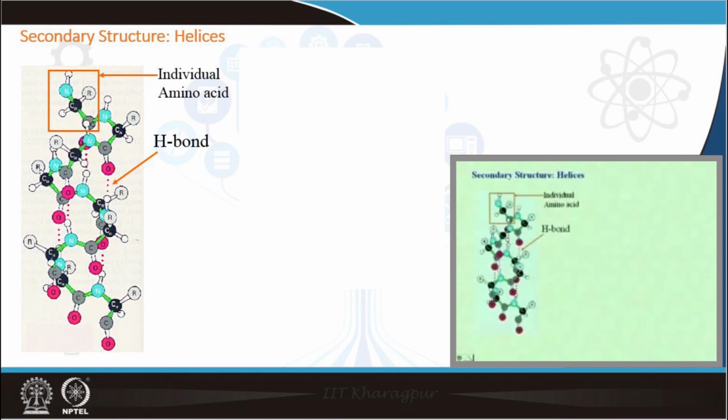What is that connectivity? We see connectivity in the form of hydrogen bonds, much like we saw in beta sheets. But these hydrogen bonds sort of link the spring together. So we do not have an extended polypeptide chain, we have a helix.